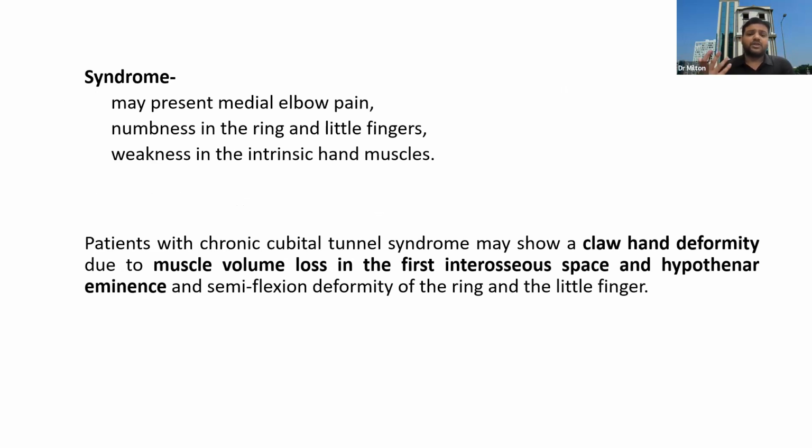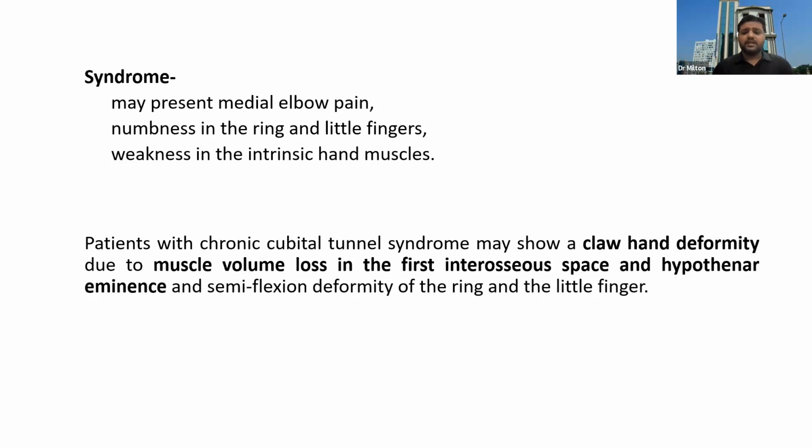Here the most prominent symptom is medial elbow pain, and sometimes it affects the distal area also, like the ring finger or little finger, and sometimes the intrinsic muscles are also affected. If it is long term and the motor fibers are affected, it may cause pain, numbness, paresthesia, as well as muscle weakness.